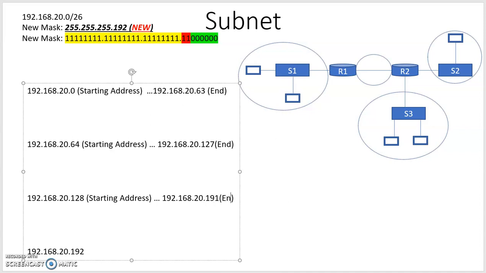That's the end. And the last subnet, if this is the starting address, then I know the ending address is 192.168.20.255.